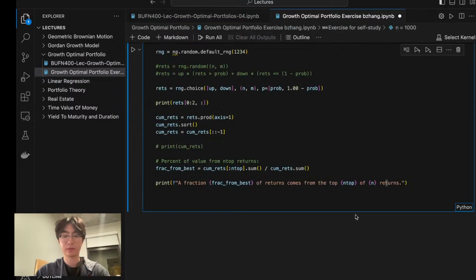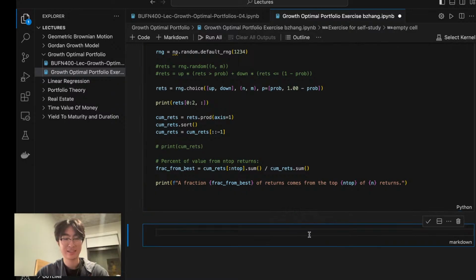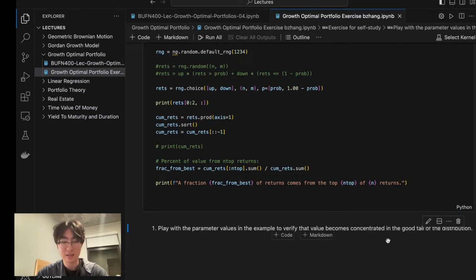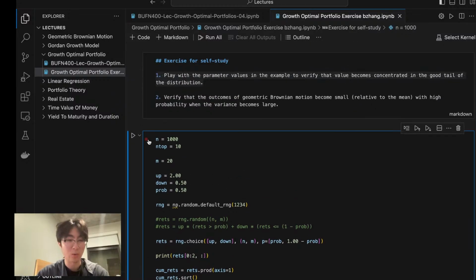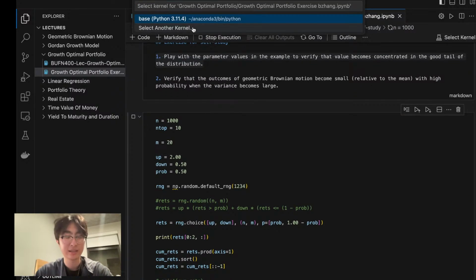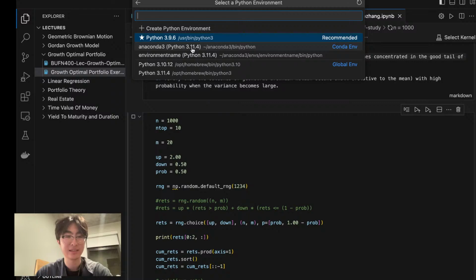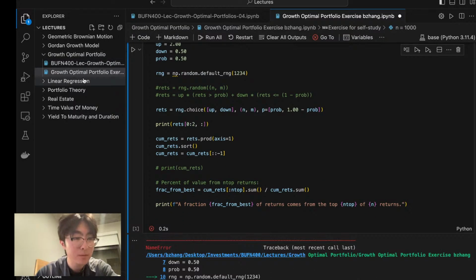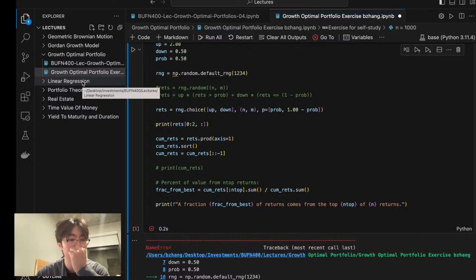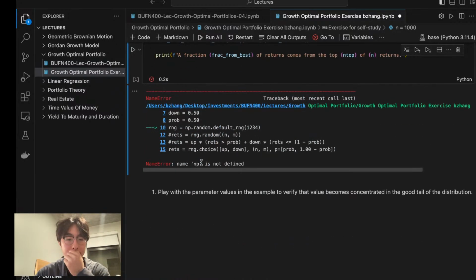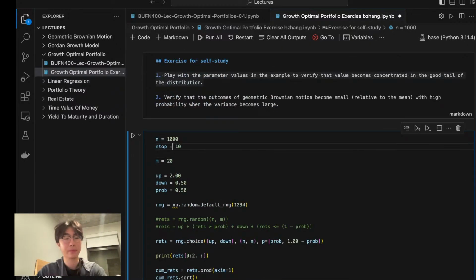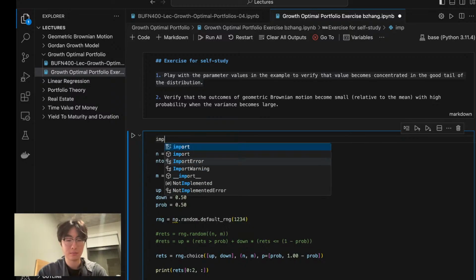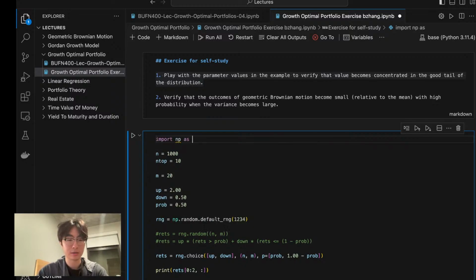Python. Let's go. Okay, import numpy as np.